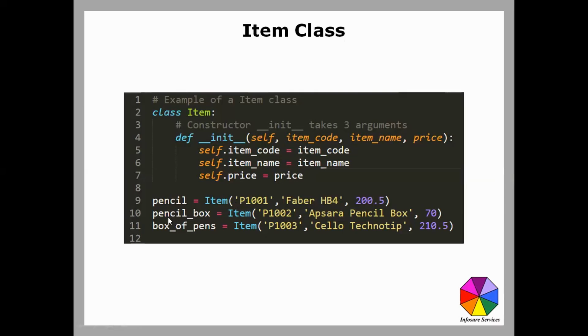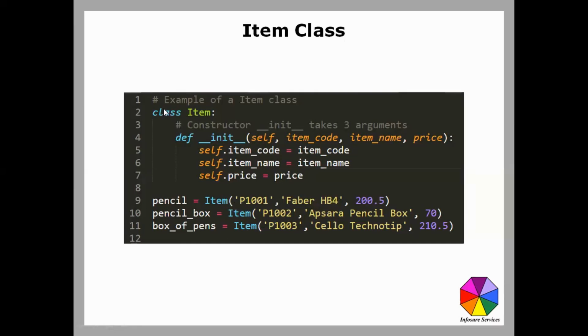My second object, pencil box, is like that. Box of pens is a different item. So each of this pencil box, box of pens are my separate objects of the item class. What it allows me to do is initialize a set of values. When I call this item class, I don't have to pass anything in this self position.